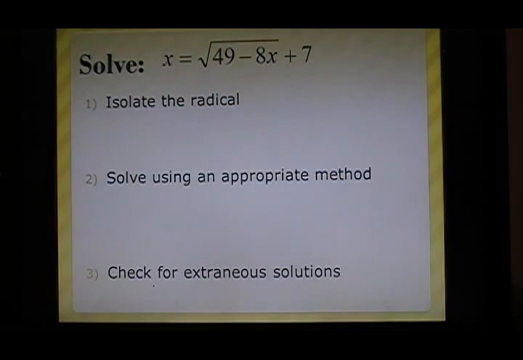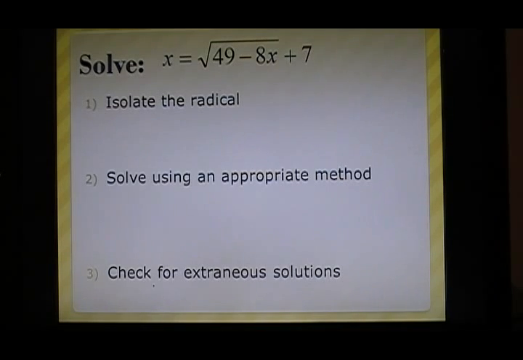Next example, so we've got x equals the square root of 49 minus 8x plus 7. And so for us to be able to really work through this and understand that statement of truth, just like we were doing before with solving absolute value equations, we always wanted to isolate the absolute value so that we could think about that truth about the number inside.